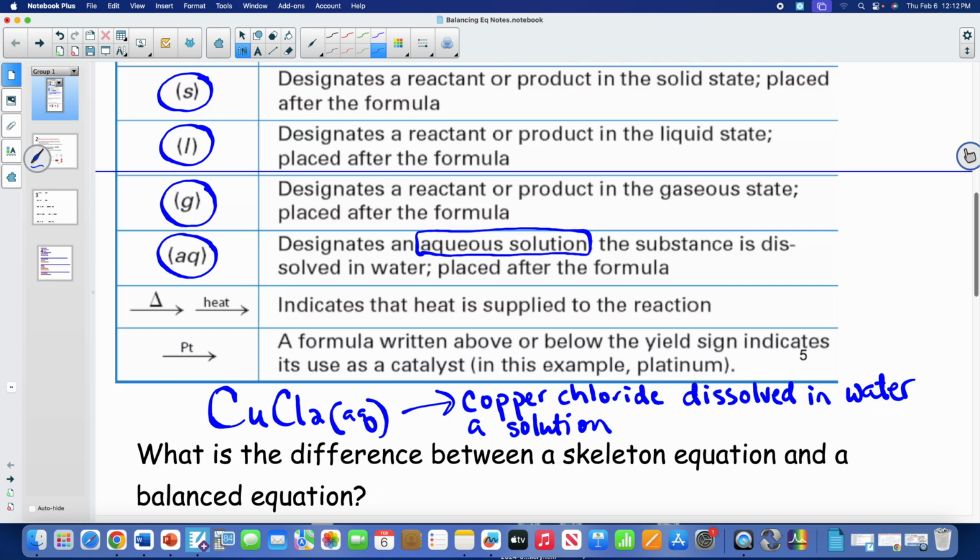Which means that pure water at room temperature is going to be a liquid. Okay, so this isn't necessarily pure copper chloride. This is copper chloride that has been dissolved in water to make a solution. So it's technically a homogeneous mixture of that substance and water. Okie dokes.